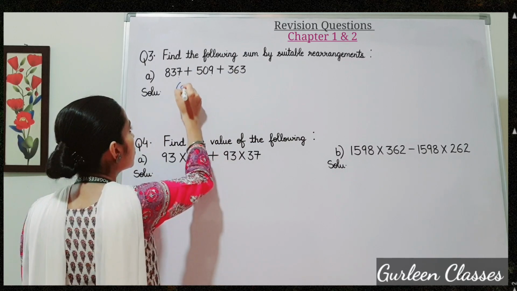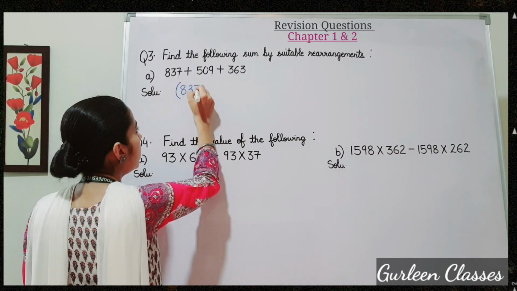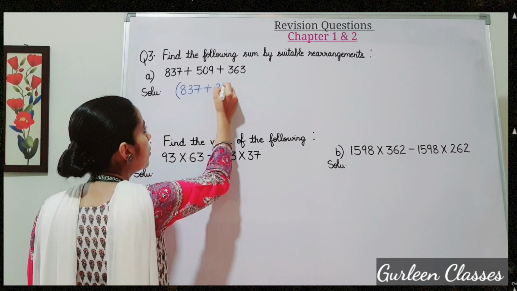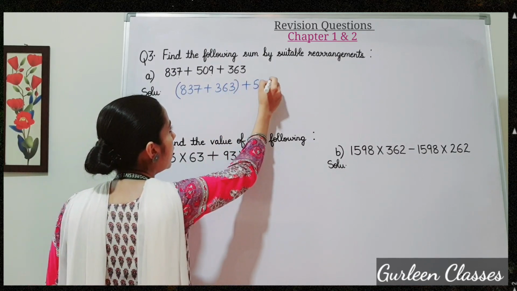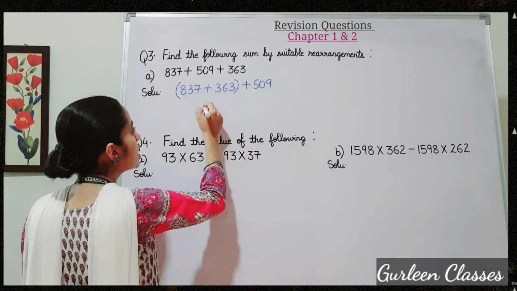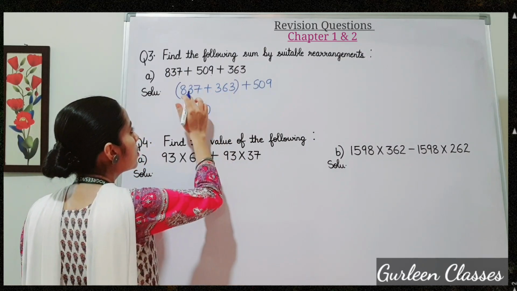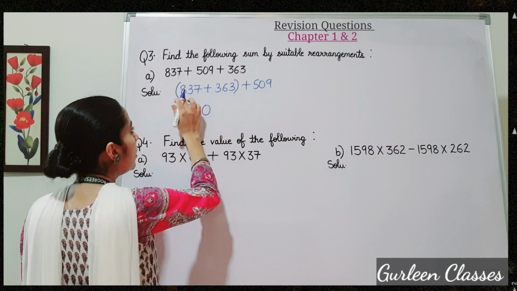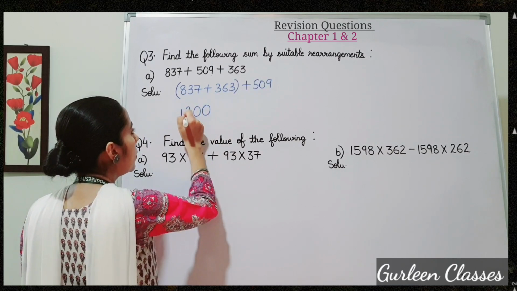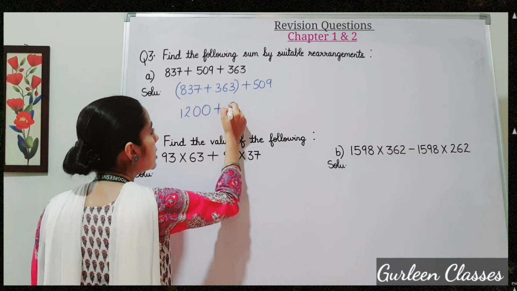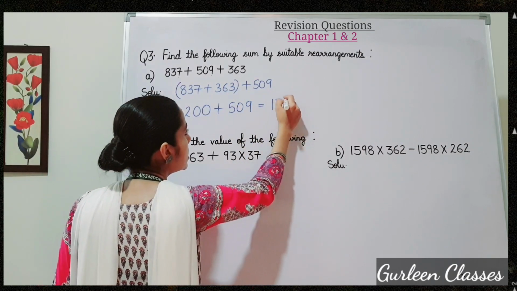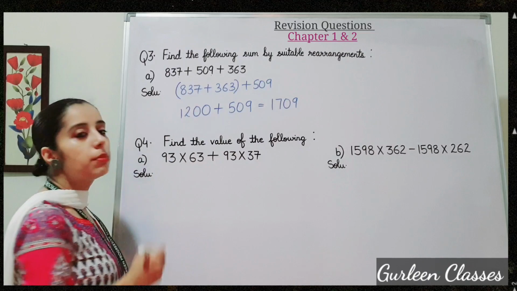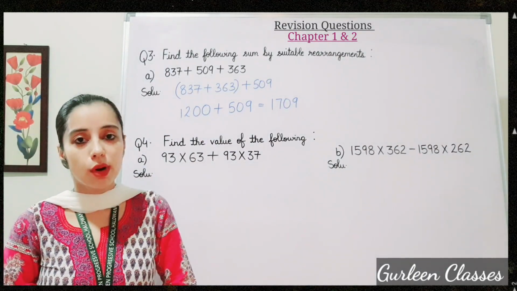So let us take these 2 numbers together. 837 plus 363 plus 509. 7 plus 3, 10. 6 plus 3, 9 and 1, 10. 3 plus 8, 11 and 1, 12. 1200 plus 509. Answer is 1709.